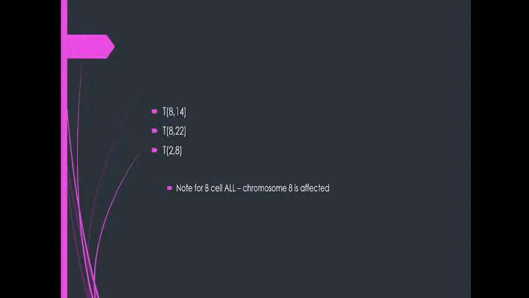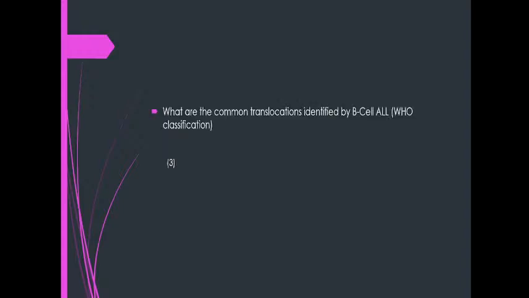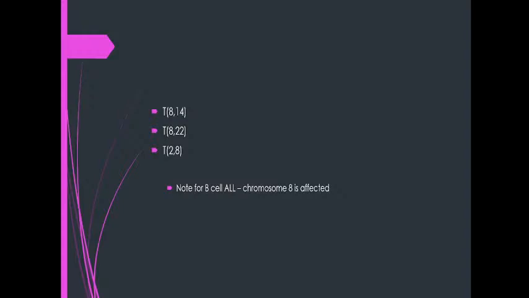For all ALLs that are B cell, you need to remember that chromosome 8 is usually the one with the translocation. So, ang kailangan nyo na lang i-memorize, 8, 14, and 22. 2, 14, and 22. Medyo merong pattern. Pwede natin gawan ng pattern. Alright? So, you guys have to take into consideration the patterns also para mas mabilis siyang i-memorize.